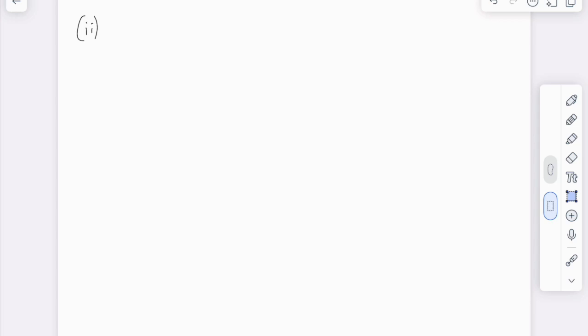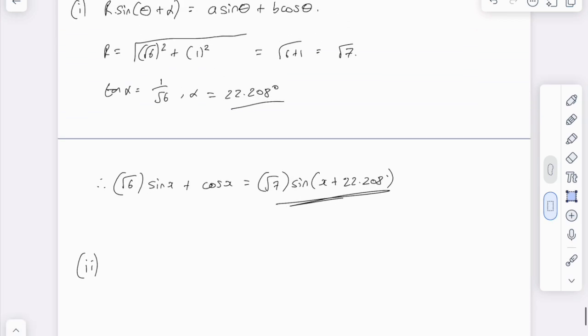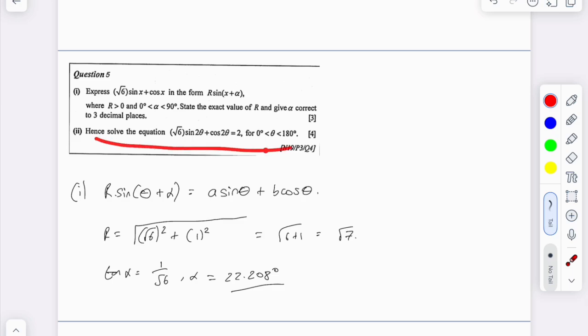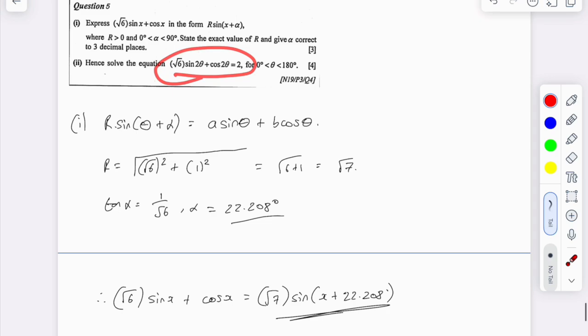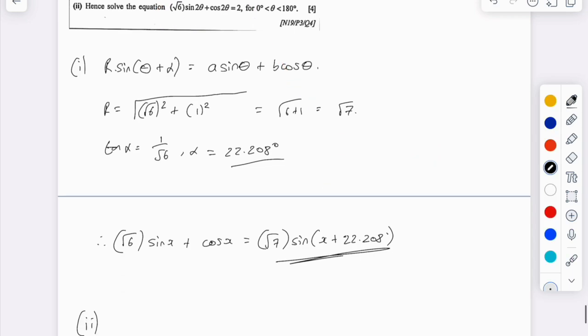Alright guys, now for number II, it wants us to solve the equation accordingly. So it wants us to solve the equation equaling 2 for 0 to 180. Right, so we've expanded, so we know what this is, and we've shortened it to this. But over here, x is equal to 2 theta. That's the only difference.